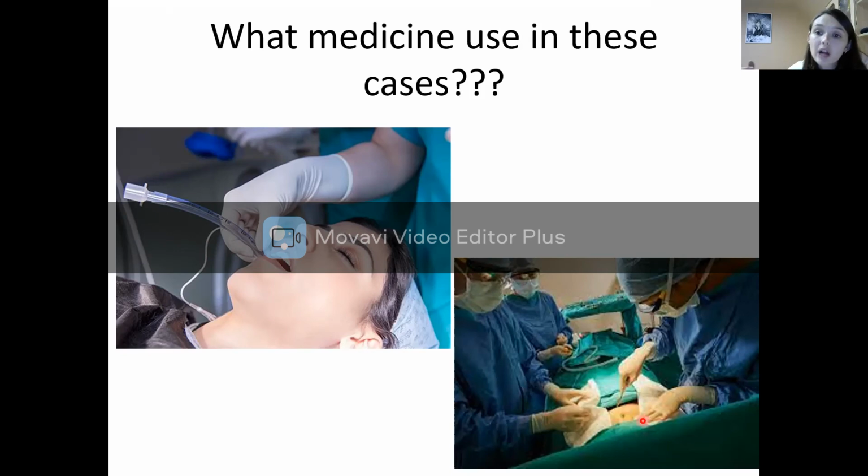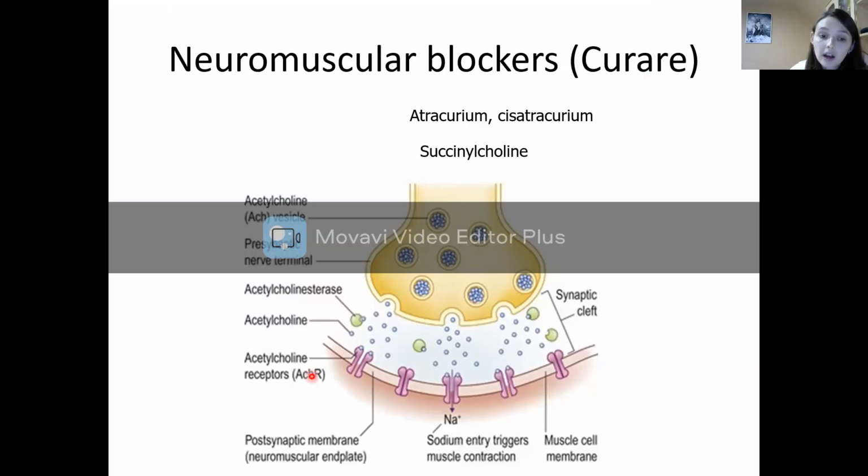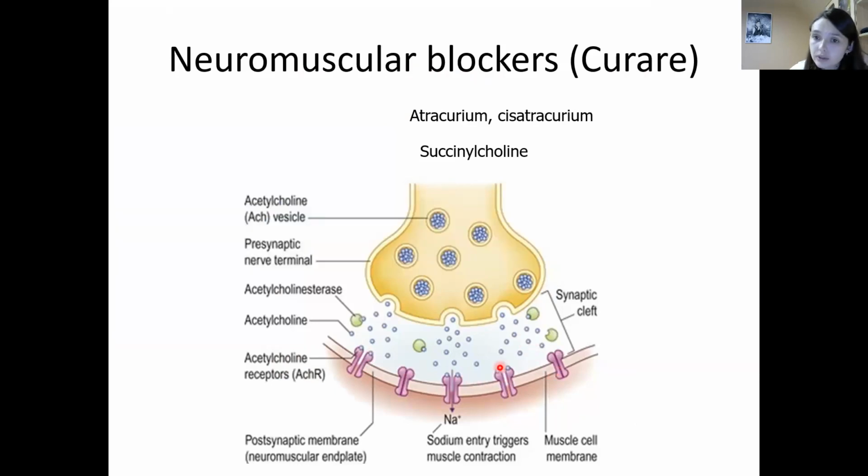So what kind of drug are we going to use to relax the muscles during surgery and intubation? This type of drug is called neuromuscular blockers or curare. What are these drugs going to do? They block acetylcholine receptors, nicotinic receptors. As a result, if we block nicotinic receptors, acetylcholine will not bind to them.